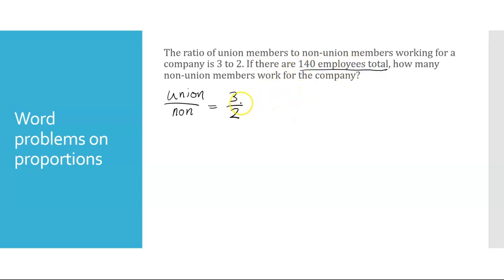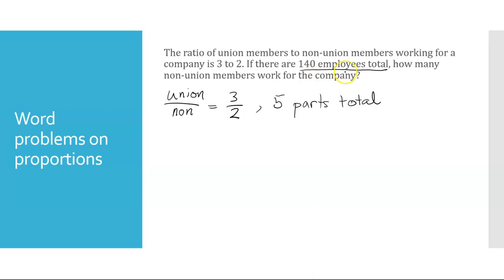so that tells me that I want to start thinking about this number in a total. So since there's 3 parts union and 2 parts non-union, I can conclude there are 5 parts total. This wouldn't exactly work because of statistics, but if we were to just take 5 employees, they would most likely be 3 union members and 2 non-union members.